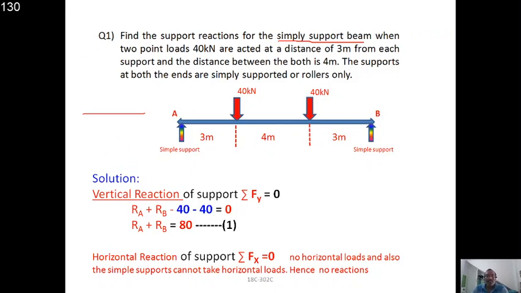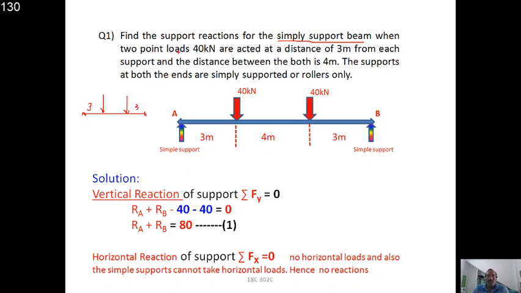And he said that there are two point loads of 40 kilonewtons acting at a distance of 3 meters from each support. So it is easy: if it is support 1 and support 2, from both it is a 3 meter distance where the point loads are acting. Equal distance from this point. This side it is 3 meters and this side it is also 3 meters.